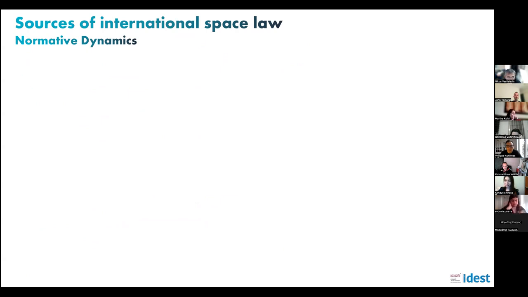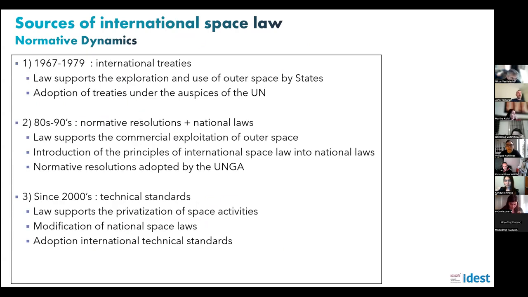Through the normative dynamics, we can divide the period of development of international space law into three main parts. The first period, from 1967 to 1979, is a period in which states decided to adopt international treaties in order to avoid disputes and conflicts dealing with outer space.